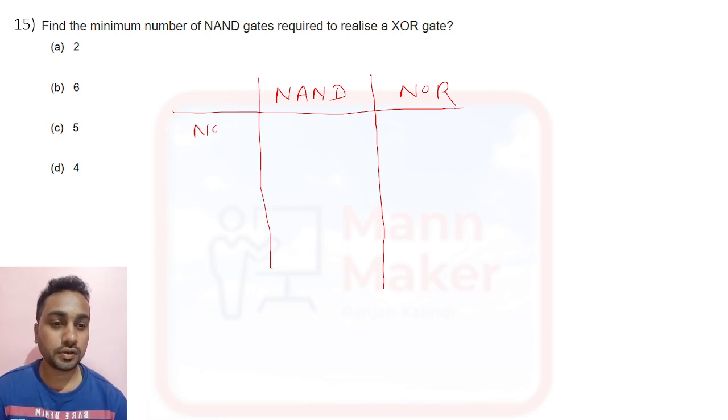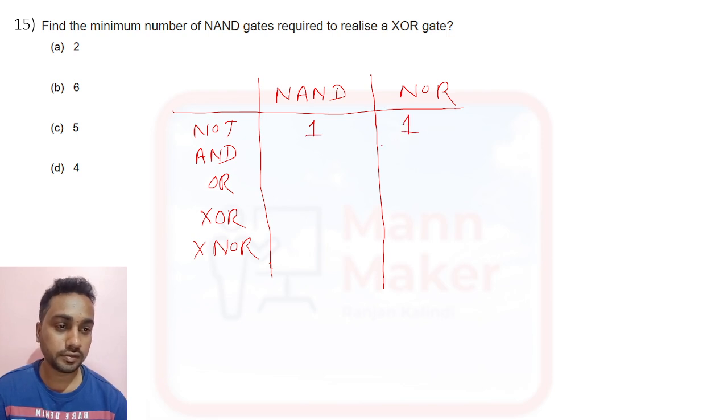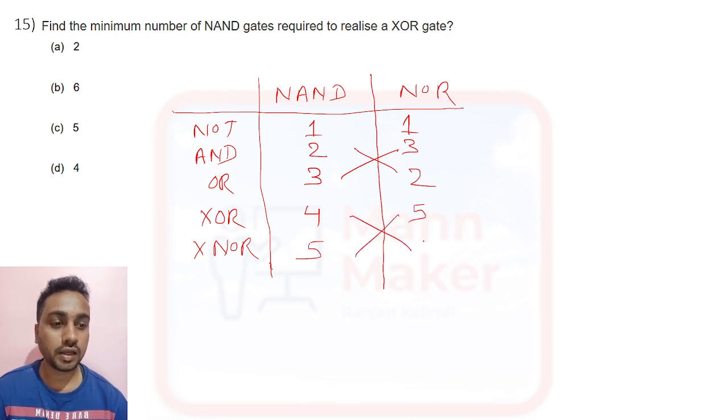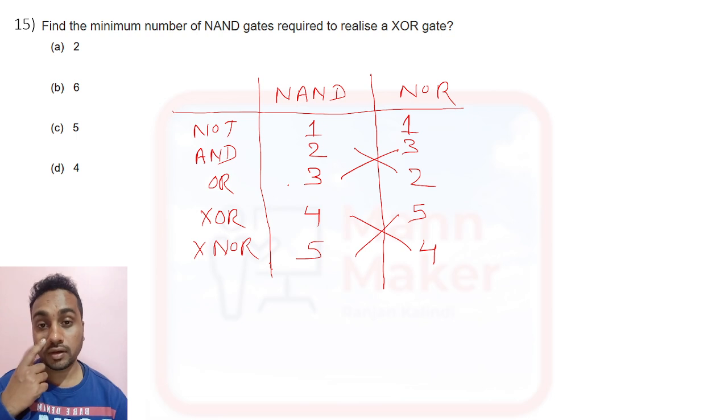This is NOT, then AND, this is OR, XOR, and XNOR. Okay, so if this is 1 and 1, this is 2, this is 3, again cross this one, 3 and 2, this is 4, this is 5, again cross this one, this is 5 and this is 4. So whenever a question comes, anything, it will come from this.